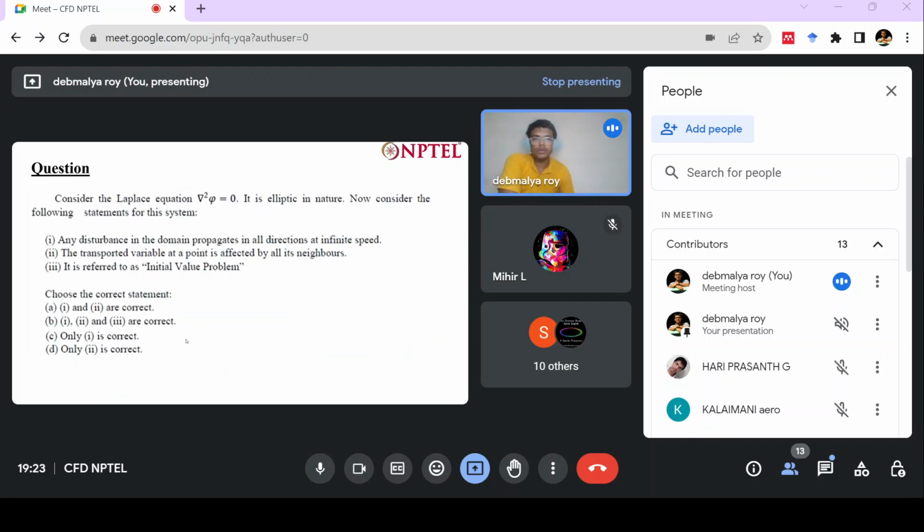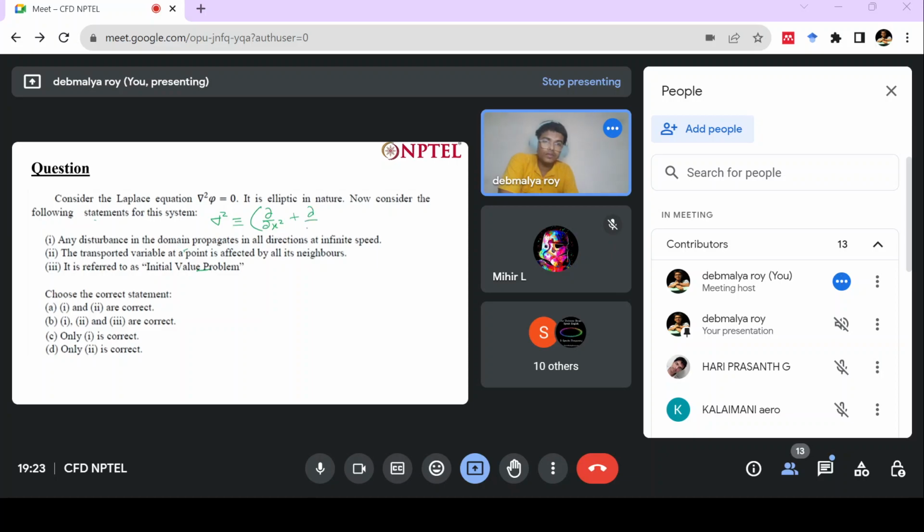So we have another problem here, and this is based on the Laplace equation. We just now saw that this is elliptic in nature. This operator can be basically expanded like this.